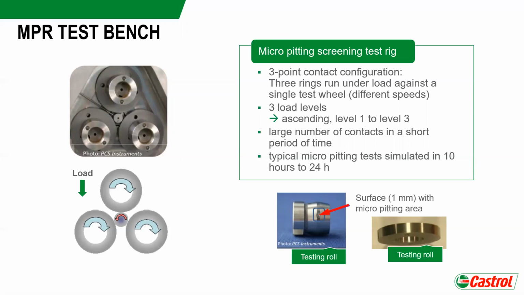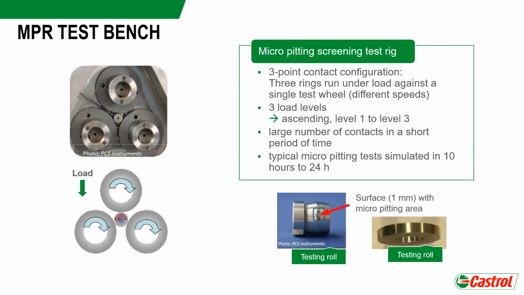What does the MPR test rig do? It's basically a very intense screening test for gray staining, gray flecking, micropitting. It is deliberately designed to cause micropitting on a surface and therefore able to create micropitting in a very short time.